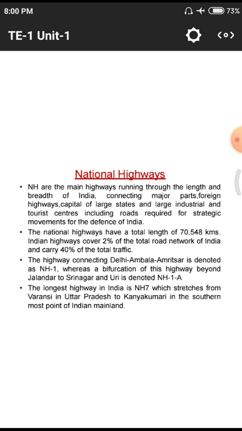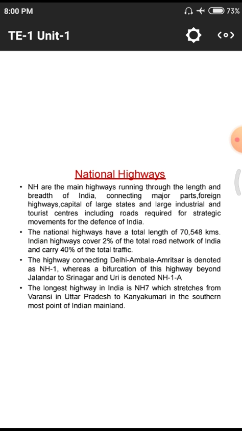Next, the national highways have a length of 70,548 kilometers of Indian highways, covering 2% of the total road network in India, and carry 40% of the total traffic. That means if we have 100 kilometers of roads, 2 kilometers of them are national highways, and they bear 40% of the total traffic.